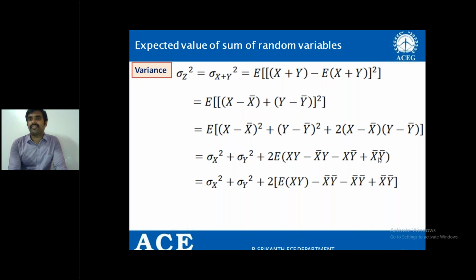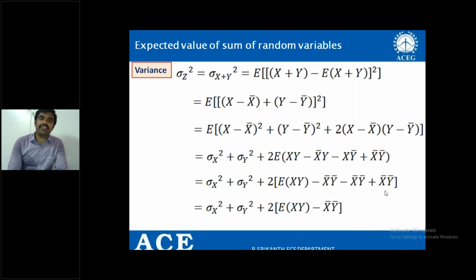Anyway x bar y bar is constant, expectation of constant is again the same constant x bar y bar, and this minus x bar y bar and plus x bar y bar will get cancelled, and the resultant will be sigma x square plus sigma y square plus 2 into expectation of xy minus x bar y bar. That is the variance of the sum of two random variables, right?